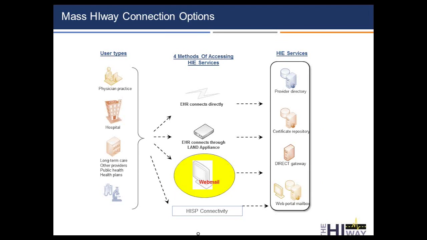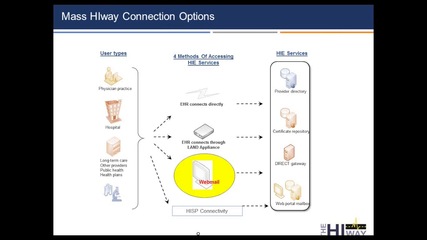Although Webmail is an option, we do have other methodologies and other means of connecting to HIway. That's what is illustrated here. One of the primary, which is preferred by some of our advanced EMRs and other organizations, is having direct connectivity from the EHR, utilizing some of the programmatic technologies between the vendor and the HIway technology team itself.